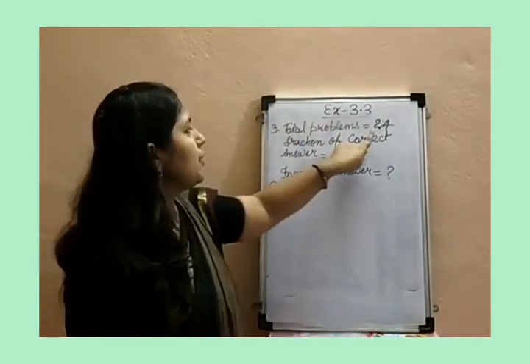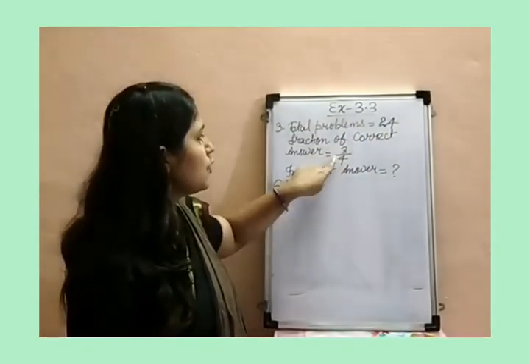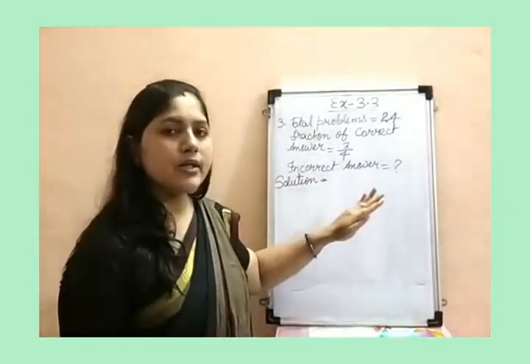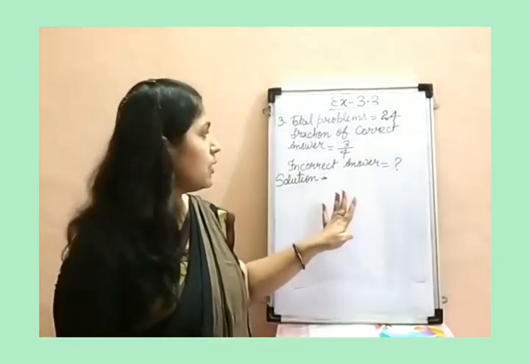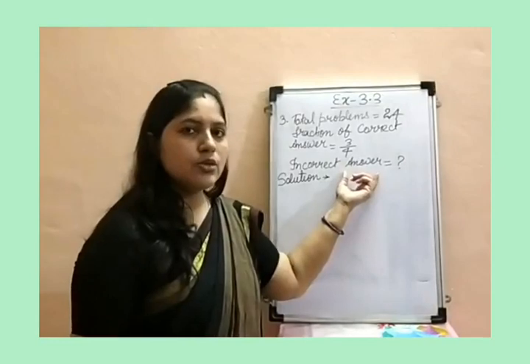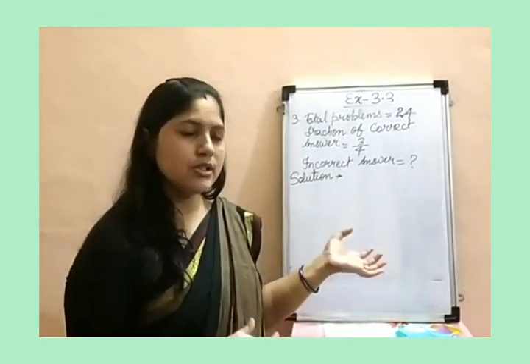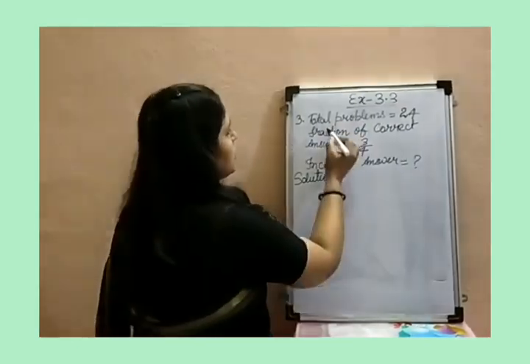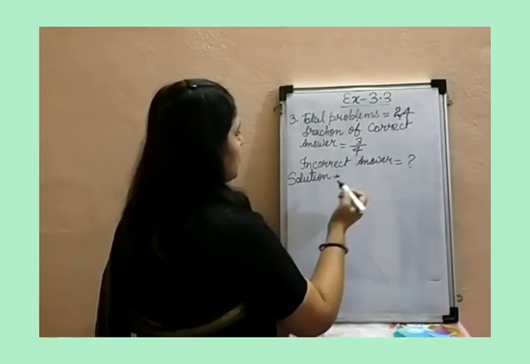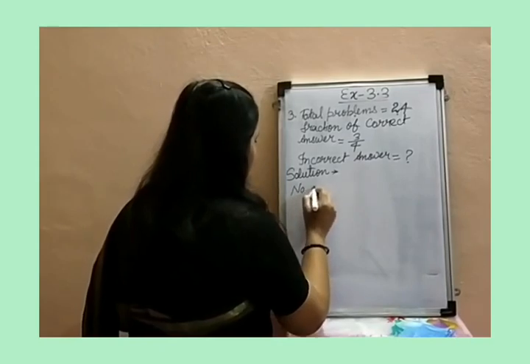Here the third word problem is from exercise 3.3. Raju has been given 24 problems as homework and he has done 3 upon 4 of 24 correctly, and the rest are incorrect, or he didn't solve the rest. So what is the number of questions he didn't complete? So solution: total problems Raju has been given is 24, and the fraction of correct answers is 3 upon 4.